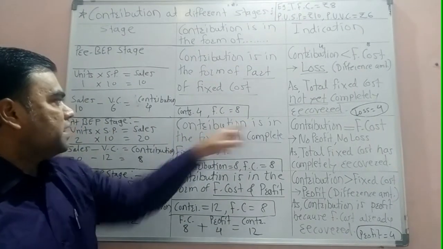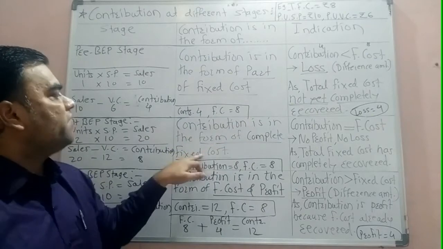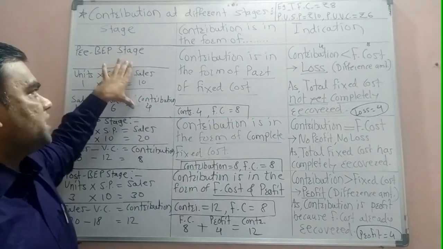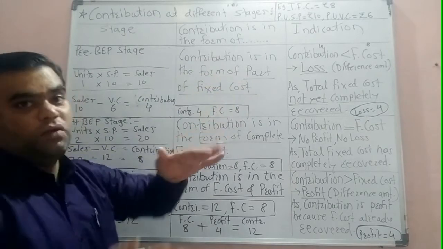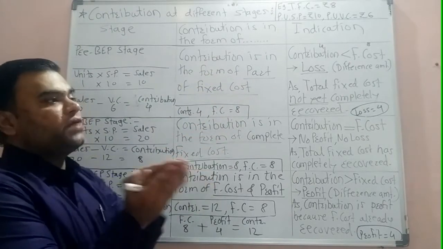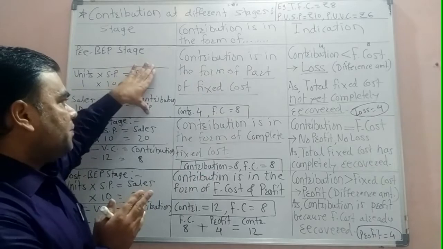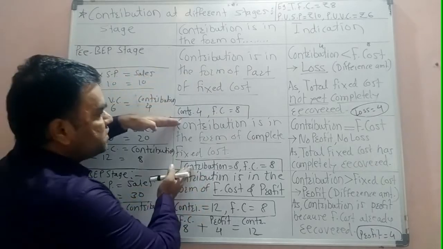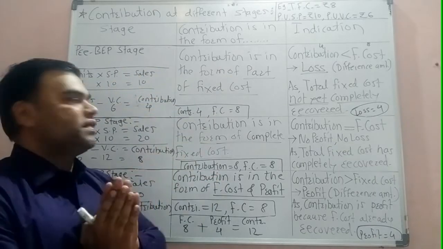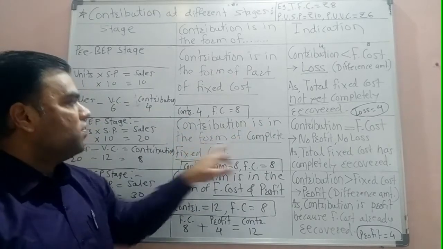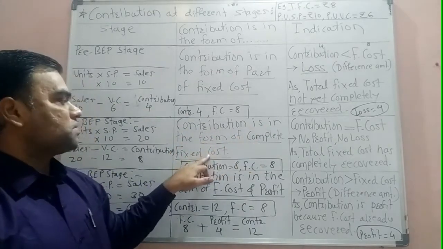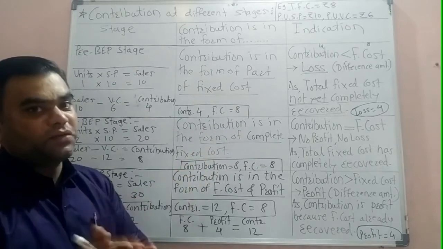So contribution is in the form of complete fixed cost. In the pre-BEP stage, contribution was in the form of part of fixed cost. Only some part of fixed cost we had recovered in the pre-BEP stage. At the BEP stage, we recover complete fixed cost. That's why contribution is in the form of complete fixed cost.